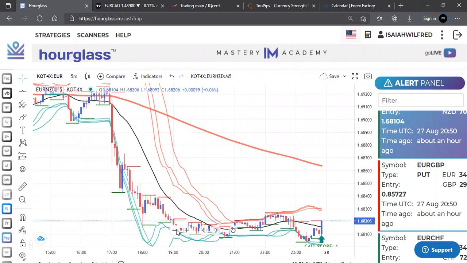So how many of us can tell me what we are supposed to be looking out for with the EMA like this? With the way the EMA is looking, what are we supposed to be doing? Victoria put, Precious put, Emmy Star says sell.